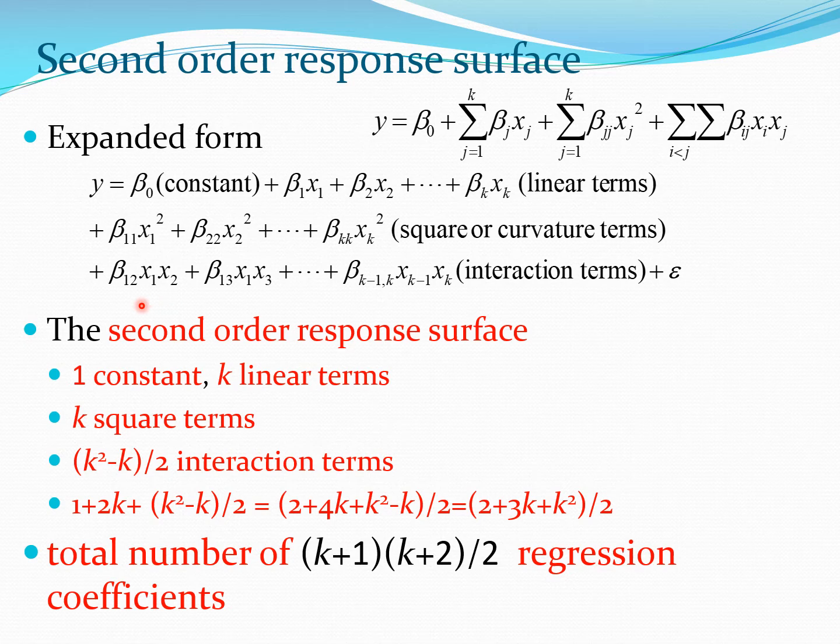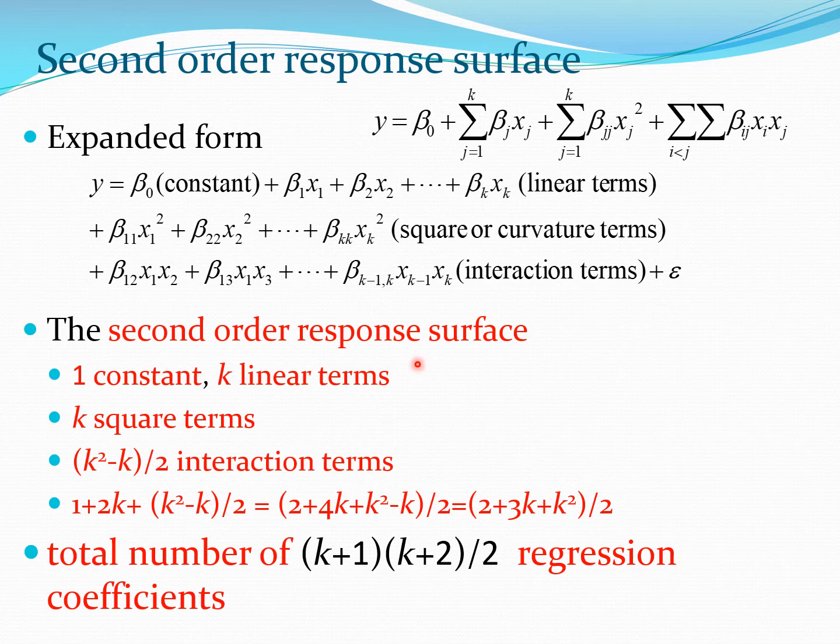There are also interaction terms, and there are several of these which essentially span all the terms on top of the diagonal of the matrix here. So you would have beta 12 x1 x2, beta 13 x1 x3, all the way to beta k minus 1 k xk minus 1 xk. So these are the interaction terms.